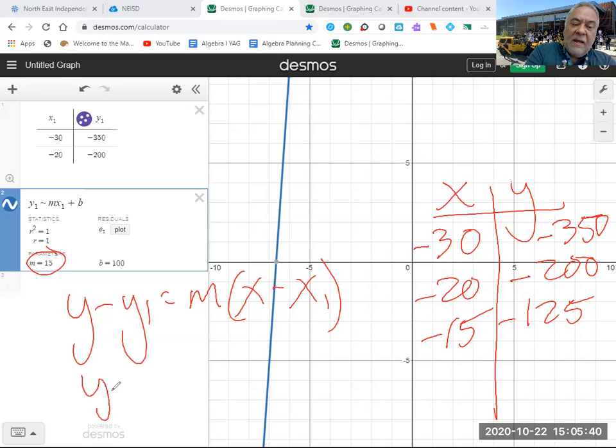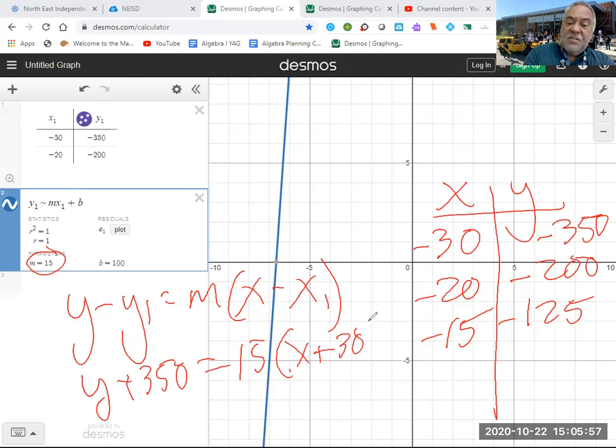So y minus y1, say y minus negative 350, is actually y plus 350. It's equal to the slope, which we said is 15, times x plus 30, since it's minus negative 30. So that's what that would look like, and you look at the answer choices and see which one you can make match. Okay? So that's how you do number 34.